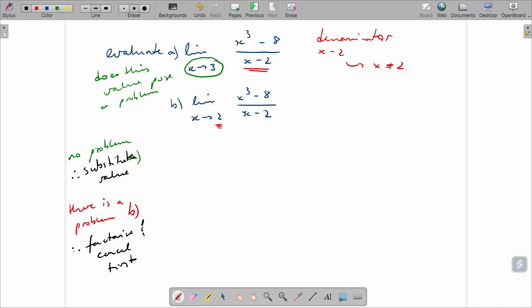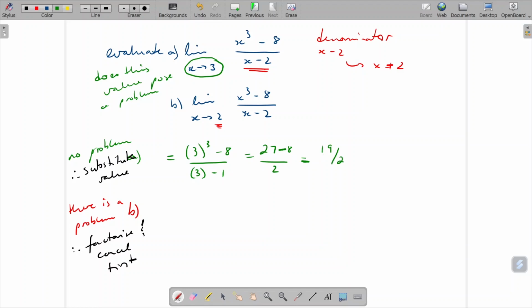So in the case of A, it is not a problem, so all I'm going to do is substitute. So therefore, this will equal 3 cubed minus 8 over 3 minus 1, which equals 27 minus 8 over 2, which equals, in this case, 19 over 2.